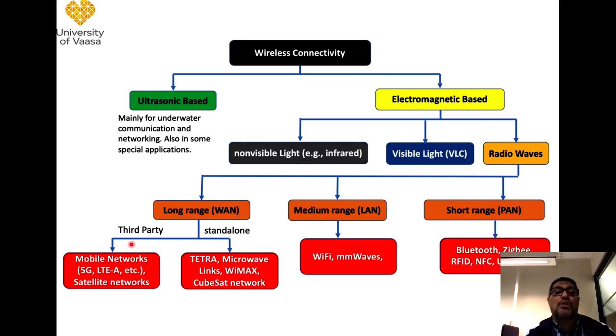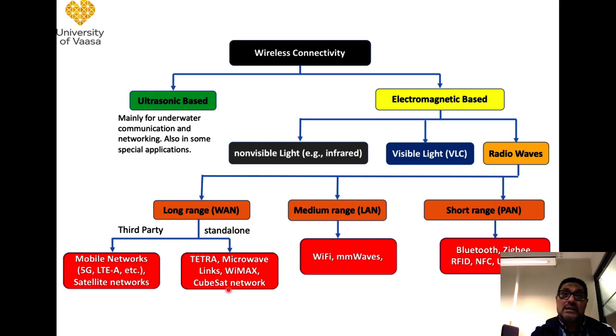It means that they are third party, so they are not under the control of the power utility or the power system operators. In that case, they might also have standalone communication like Tetra, microwave links, or WiMAX. You can of course buy a private WiMAX network, and also a CubeSat network. Nowadays CubeSat is a new facility that one can use.